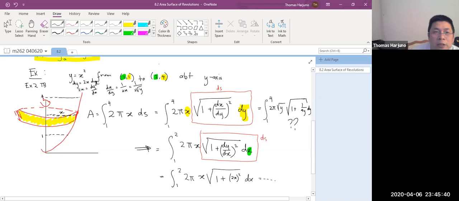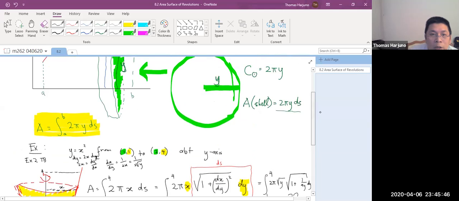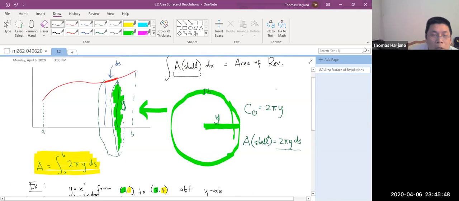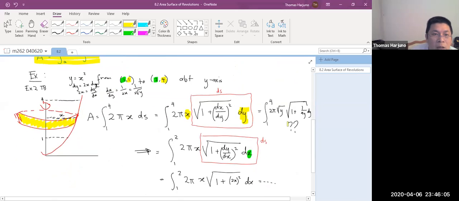Okay, now here's the thing. The purpose of what I do in this example here is the following. It's more about the setup. When I revolve that with respect to the x-axis, the radius will be y, right? When I revolve that with respect to the y-axis, the radius will be x. This is my radius.